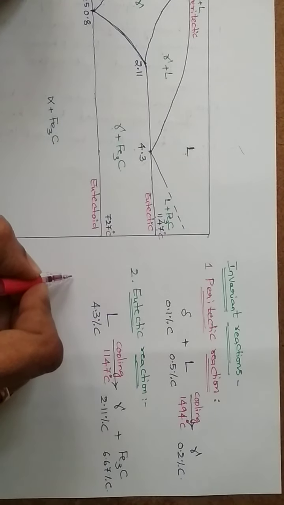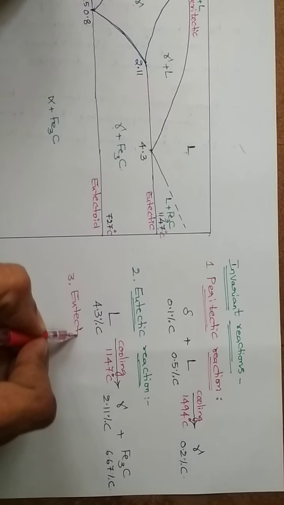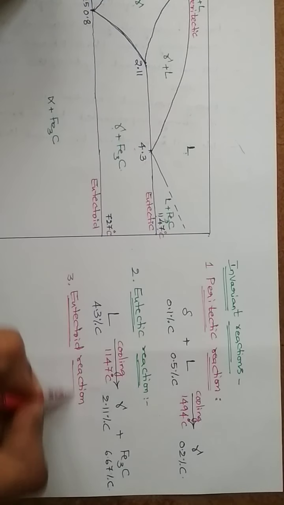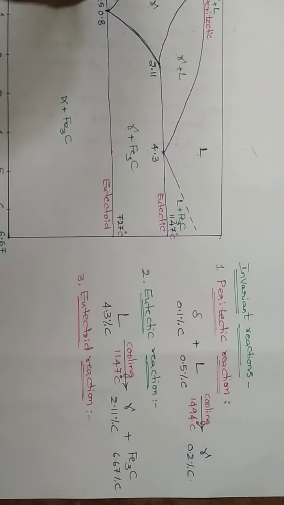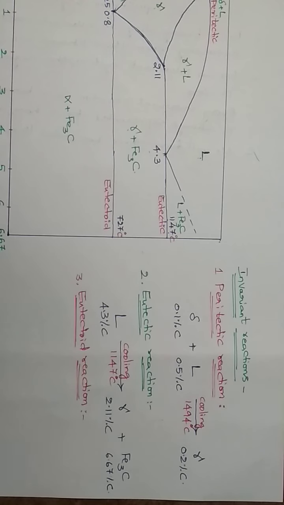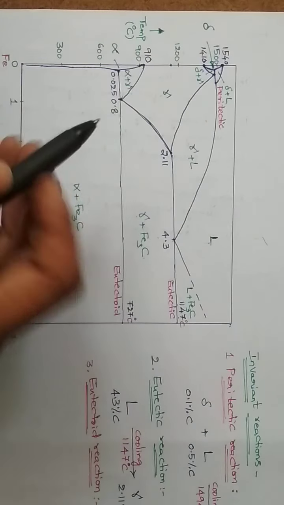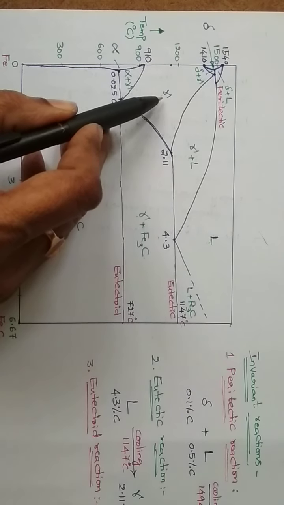Okay, and coming to the third reaction. The third reaction is the eutectoid reaction. So eutectoid reaction, in general, it is the transformation in the solid state. One solid on cooling decomposes into two new solids. So if you see here, at 727 degrees centigrade, at 0.8% carbon, gamma iron is transforming to alpha plus Fe3C.